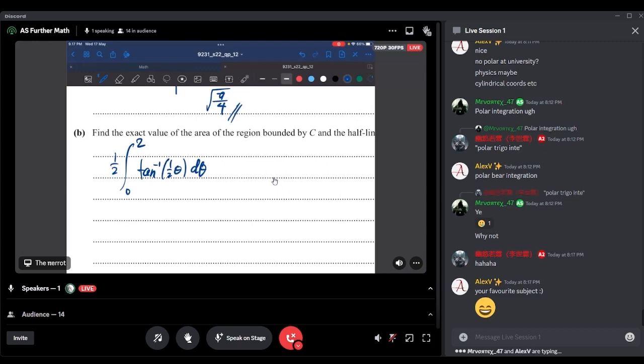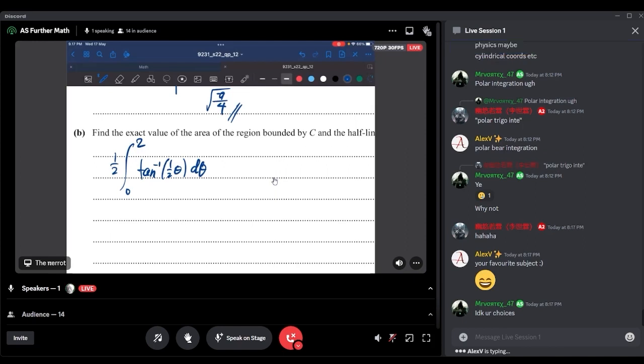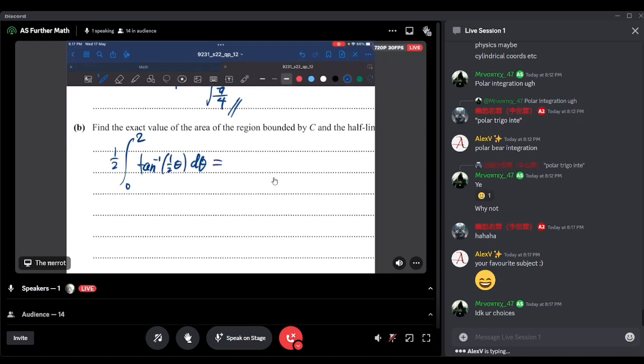Right, so if you have a tangent inverse, maybe I'll not do it fully, but I'll just give you the idea. Tangent inverse means that you have to do integration by parts. You differentiate the tangent inverse and integrate one. So you have half theta tangent inverse half theta, from 0 to 2.